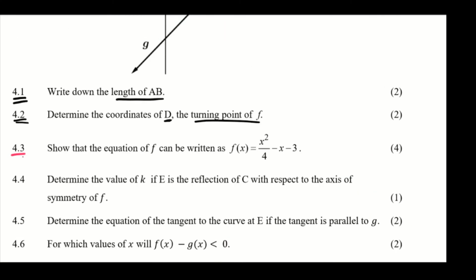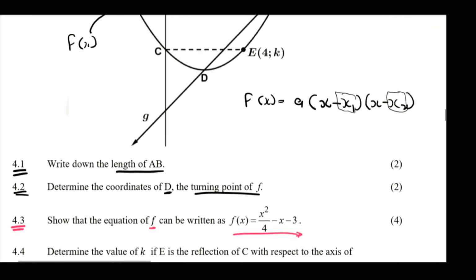So now 4.3, we are asked to show that the equation of f is equal to this expression here. So for us to show that, let's say we have f of x being equal to a into x minus x1, x minus x2, right? And our x-intercepts are what we're going to substitute here, right? How do we find the x-intercepts?